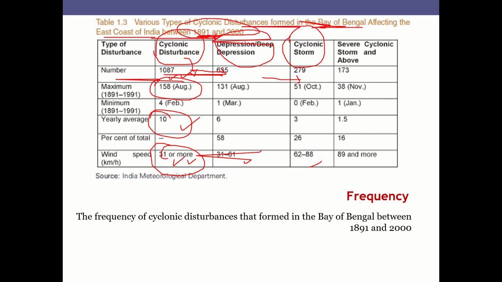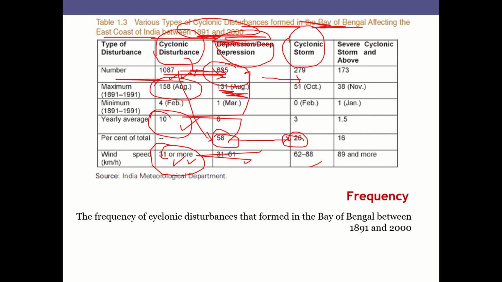Out of 1,000, 600 plus have actually turned into depressions, and again in the month of August, more such cases can be seen. About 60% of cyclonic disturbances are converted into depression, and of that 60%, actually 25% form a cyclone itself.